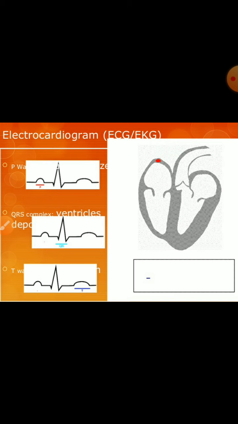The T wave represents the relaxation of the ventricles or recovery from the state of depolarization. So these are also called repolarization waves. It occurs about 0.25 to 0.35 seconds after the ventricular contraction. So ECG is formed of both depolarization and repolarization waves.